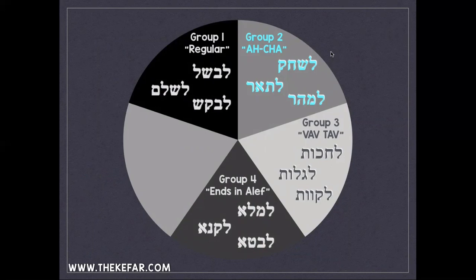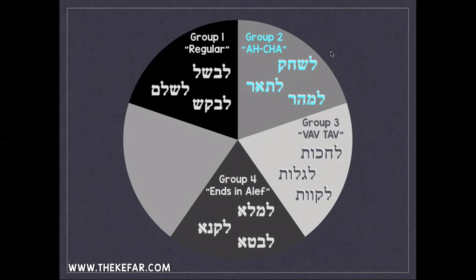And then we did our group 3, our vav tav PL verbs, where the last 2 letters of the infinitive are vav tav. And then we convert the vav tav into a hey to get the 3rd letter of our root. And we use the verbs lechakot, legalot, and lekavot. And then the last one that we did in the last lesson are PL verbs where the infinitive ends in an aleph. So lemale, lekane, and levate.